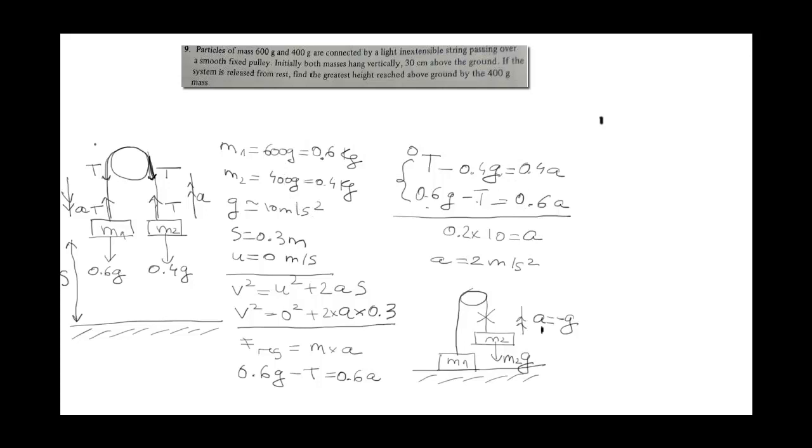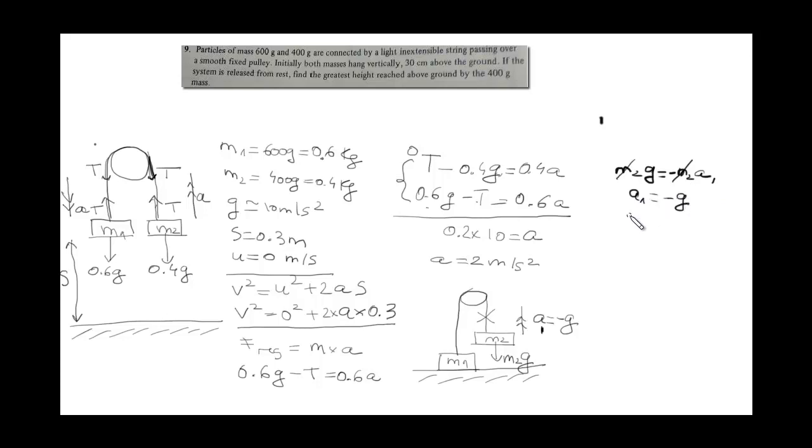So now we can write that the resultant force, m2 g, is equal to minus m2 a. So we can see that the new acceleration a1 is minus g.